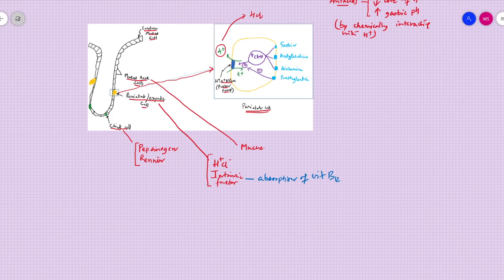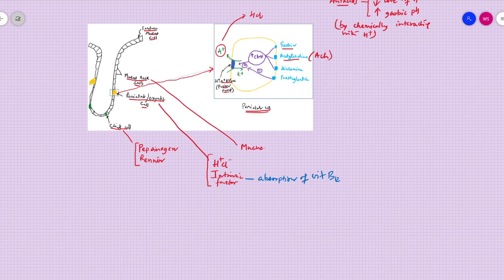If we look at the parietal cell, there are also other receptors: receptors for gastrin, for acetylcholine, which we abbreviate ACH, for histamine, and for prostaglandin. These receptors stimulate the formation of cyclic AMP, and the cyclic AMP stimulates the proton pump.